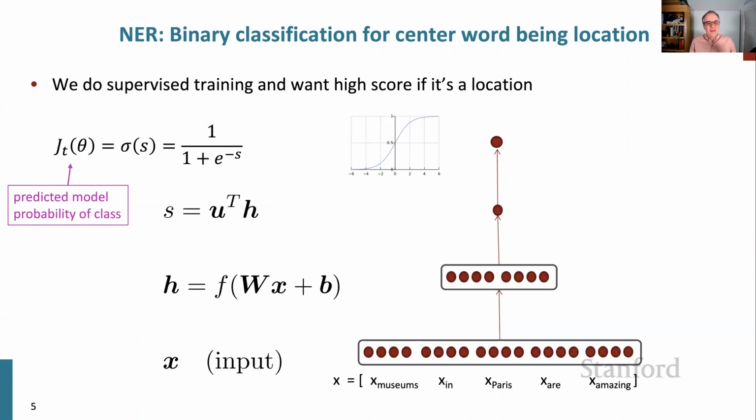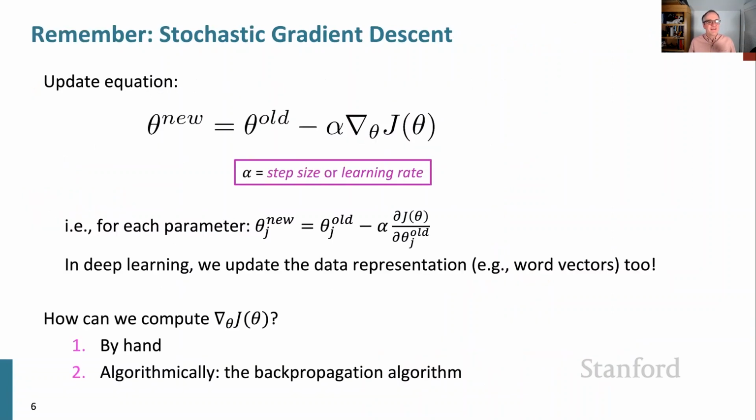Okay, so the overall question we want to be able to answer is, here's our stochastic gradient descent equation. We have existing parameters of our model, and we want to update them based on our current loss, which is J of theta.